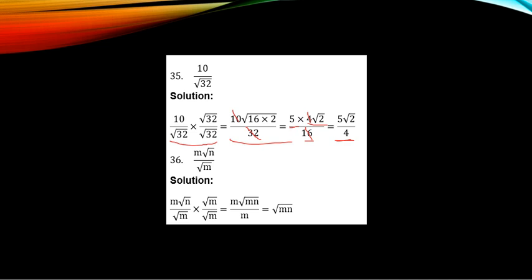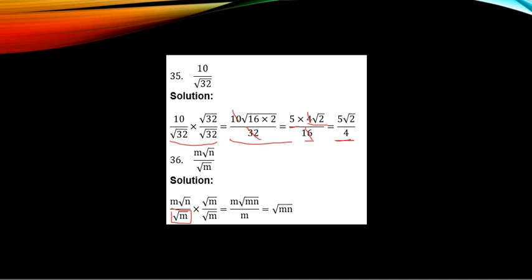Example 36, we have m root n over root m. Whether the numerator and denominator are irrational, the one you pay attention to, the one you consider is the irrational number in the denominator, that is root m, and you turn it to a rational number, that is rationalizing now.